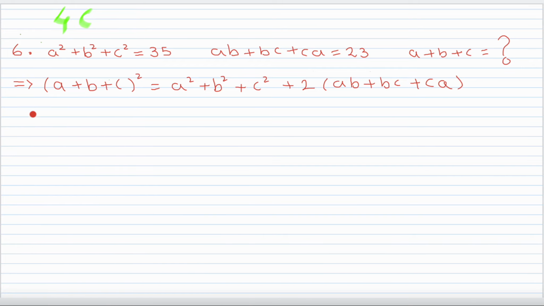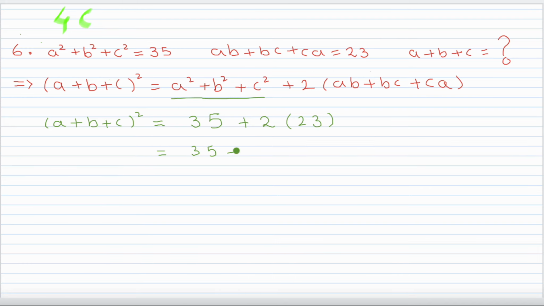This is the formula. Now you can put, we have this one as 35, so you can write 35. A plus b plus c we have to find out. So I'm going to write as it is. This one is 35 plus 2 into ab plus bc plus ca, this one is 23, so I'm going to write this one as 23. Now simplify this, 23 twos are 46.